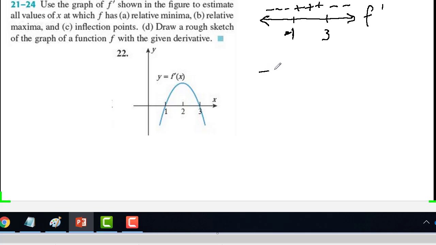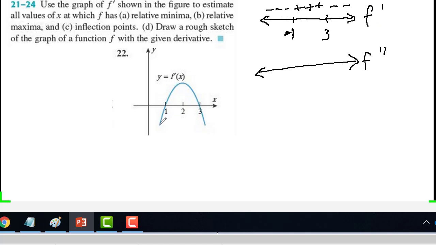And now let's look at the sign chart for the second derivative. And so remember that the second derivative is the derivative of the first derivative, and so the second derivative tells us where our first derivative is increasing or where it is decreasing.